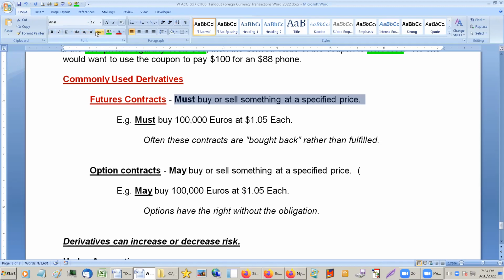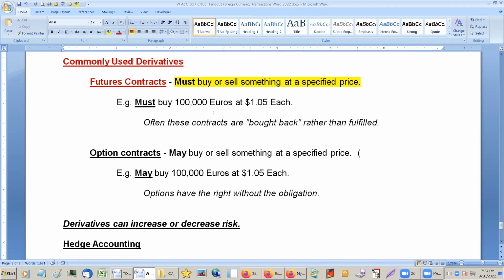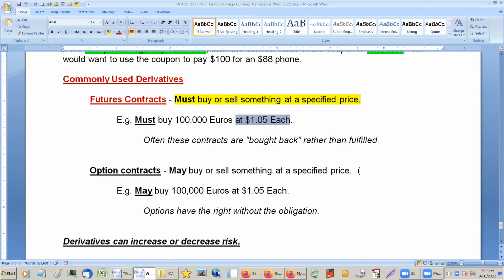This could be goods, it could be currency, anything. So for instance, the contract might say that you must buy 100,000 euros at $105 each. And whoever's on the other end of that contract will expect you to buy 100,000 euros at $105 each.